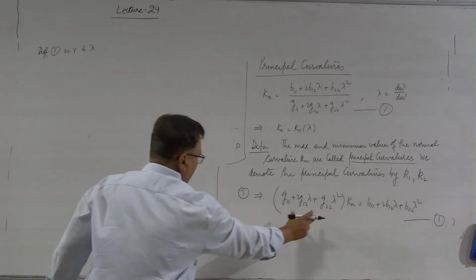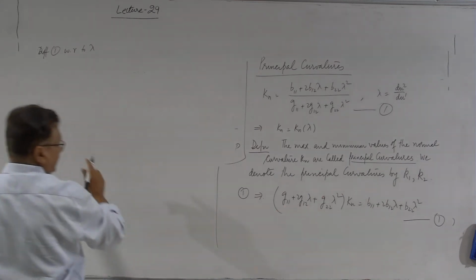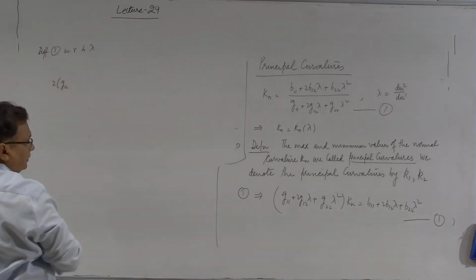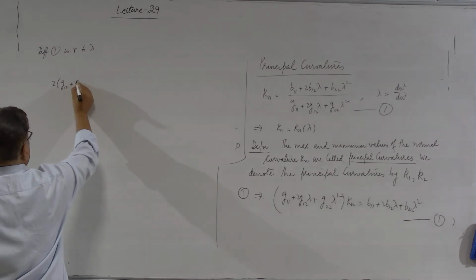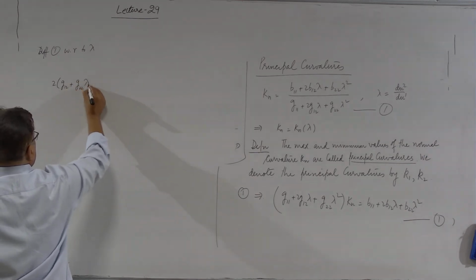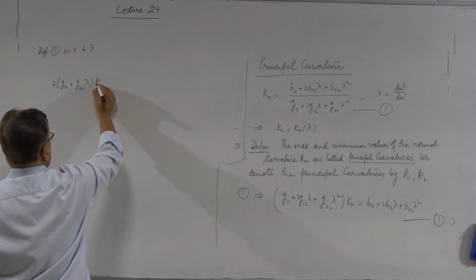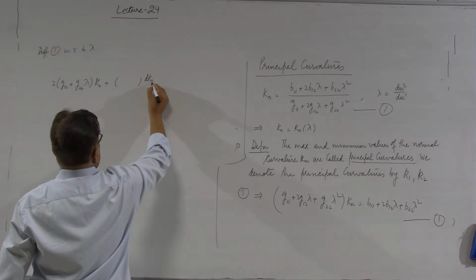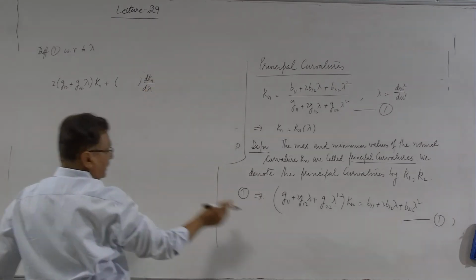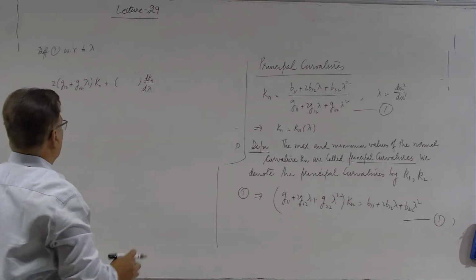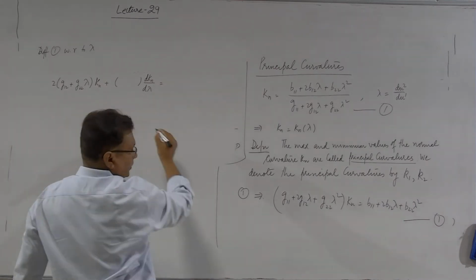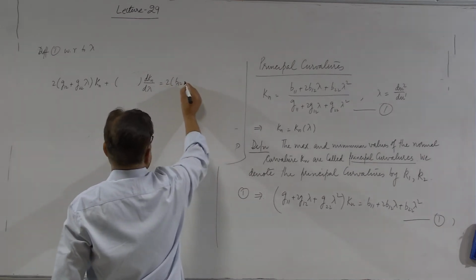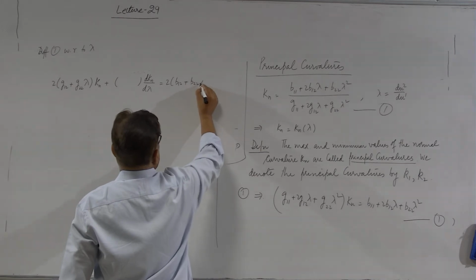So, the derivative of the bracket will be 2 times (G12 plus G22 lambda), Kn as it is, plus something into dKn over d lambda. This something is this bracket, equal to the derivative on the right side, which will be 2 times (B12 plus B22 lambda).